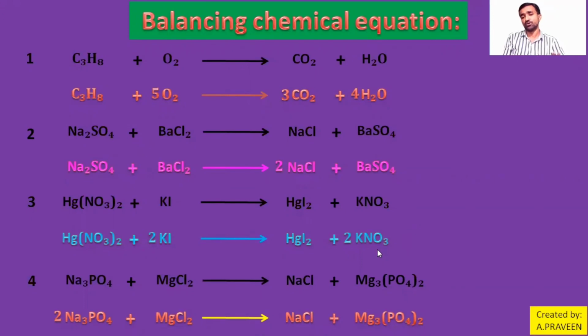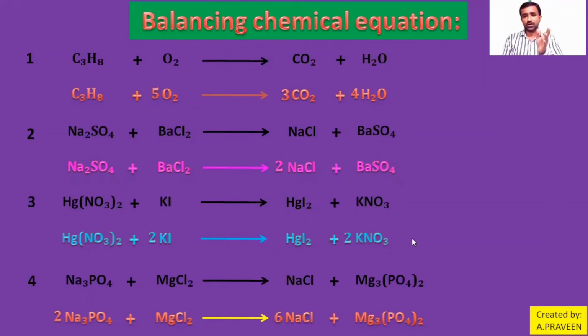The PO4 group of atoms is balanced, but sodium in Na3 is disturbed. It became 6 now. So the sodium count changes to 6. What about the right side? It has only 1. So I'll put 6 as a coefficient before NaCl. Then the sodium counts on either side are balanced.